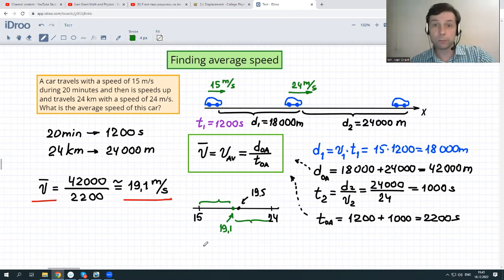Why is that so? Why, in our case, did the average speed get closer to the slowest speed, to 15 meters per second, than to the highest speed? And why is it not an average at all in general? This is a question to you.